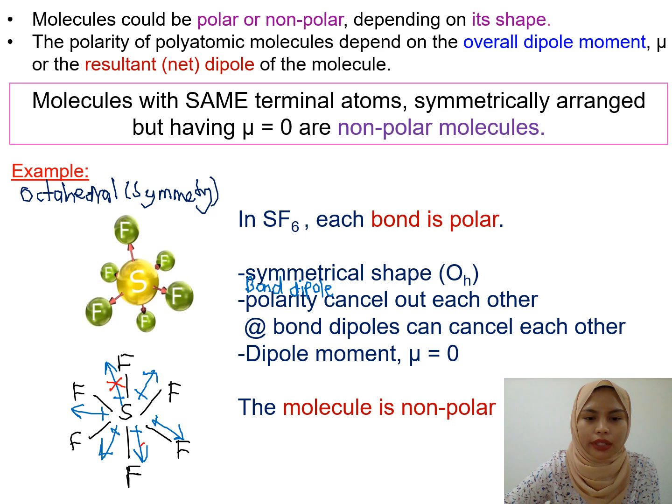Yang atas cancel out dengan bawah, yang di kiri boleh cancel out dengan yang kanan. So since dia punya bond dipole can cancel each other, therefore dia punya overall dipole moment will be equal to 0. Sebab apa? Sebab tiada langsung dipole moment dekat this molecule. And ini akan menyebabkan molekul SF6 ialah non-polar molecule.